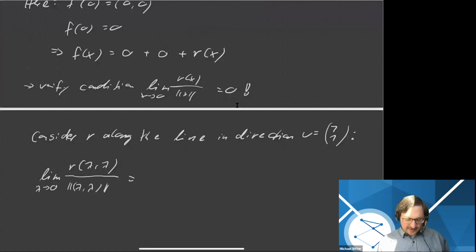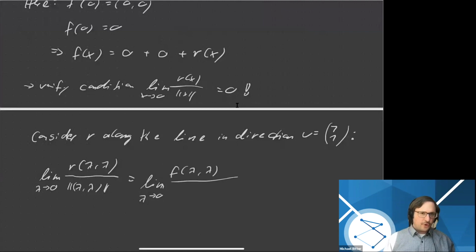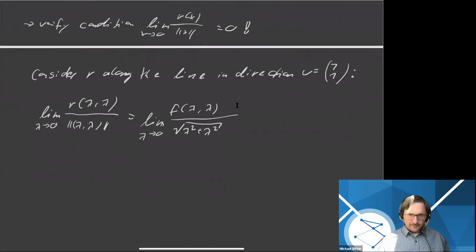Okay, we know already that r must be equal to the function f itself. So that's f of (lambda, lambda). Now this norm of (lambda, lambda), that's just the square root of lambda squared plus lambda squared, can be computed. Now we can also compute f of (lambda, lambda). So let's do that.